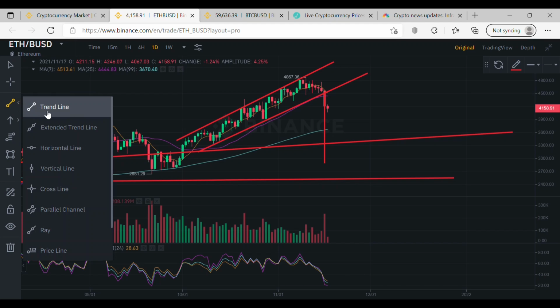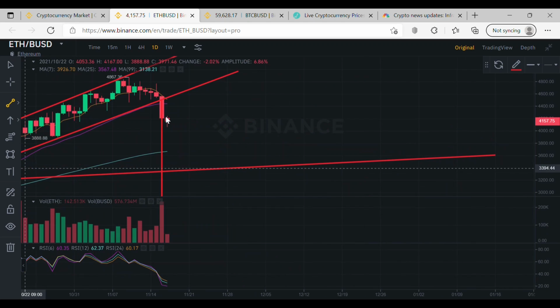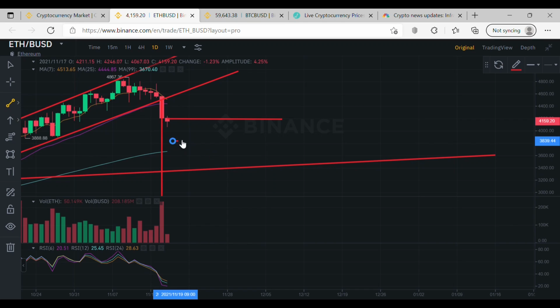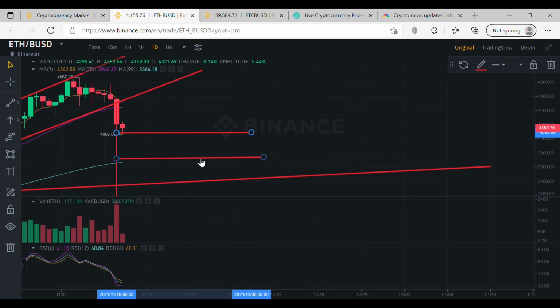First we need to define the first 1/3 level. So about here maybe. And then the other one is around here. Okay, here, here, here.